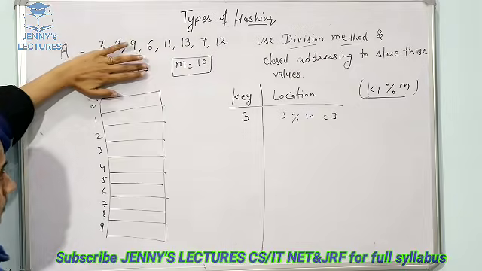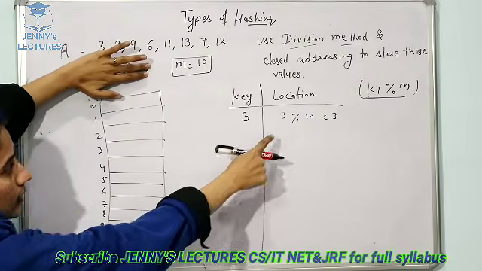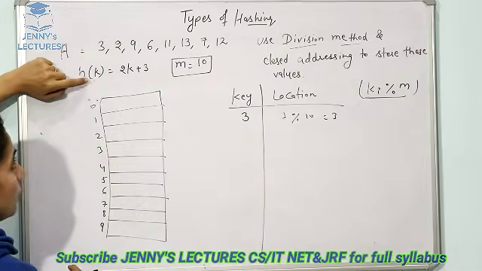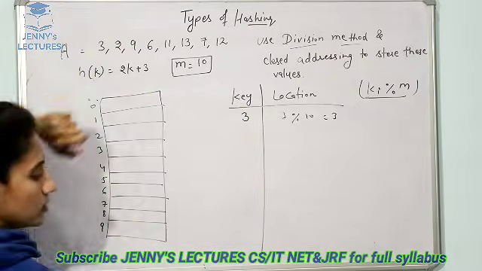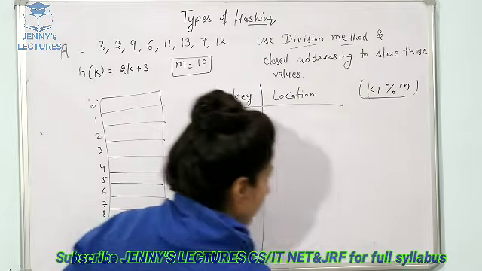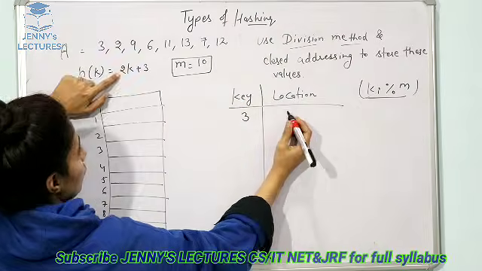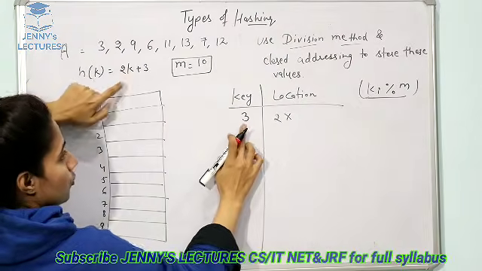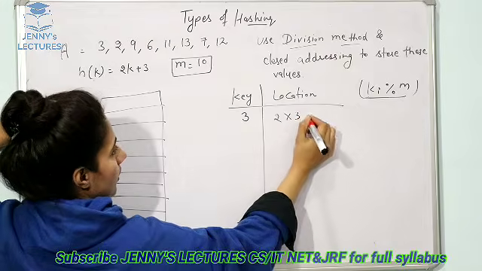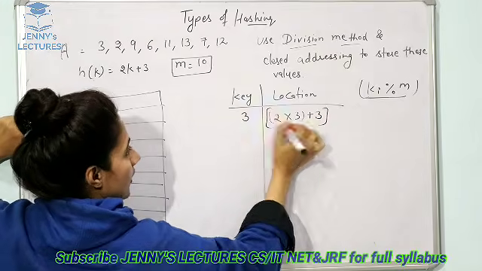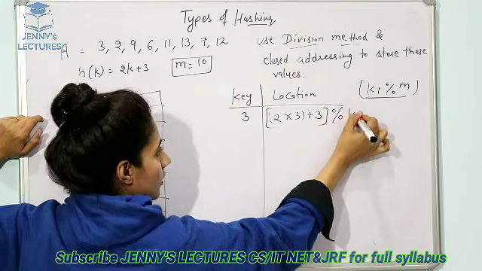If this is not given to you, then you can directly use that if you are asked to use the division method. But here you are given h(k) = 2k + 3, so how will you calculate this value? It would be like this: 2 into the value of k, here we have 3, plus 3, and then mod 10.